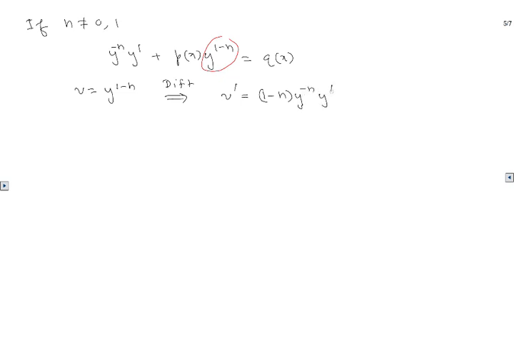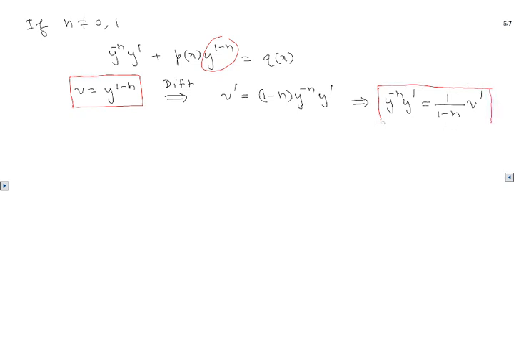So this says that y to the minus n y prime equal 1 over 1 minus n v prime. That's always the case. So once you substitute this, you always get that.